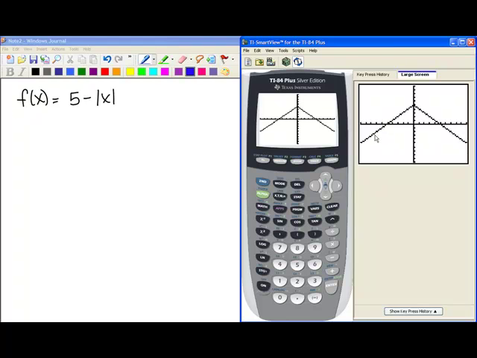And here is a look at the absolute value, and it has an upside down V shape to the graph. So I'm going to go and draw this on my screen over here on the left.